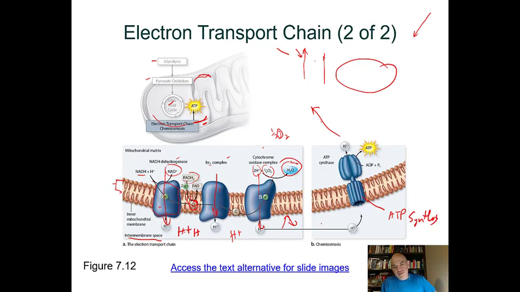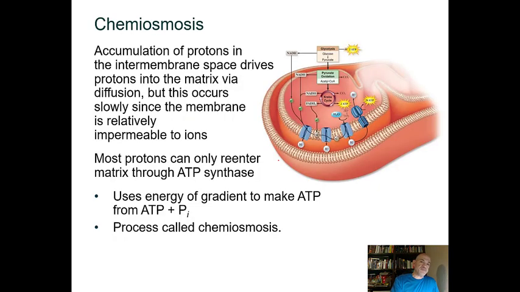And so the kinetic energy of those protons moving through there is going to provide the energy necessary for taking ADP and inorganic phosphate and phosphorylating to give us ATPs here. And a lot of ATP is generated by this. So this is called oxidative phosphorylation, associated with that oxygen acceptor there at the very end.